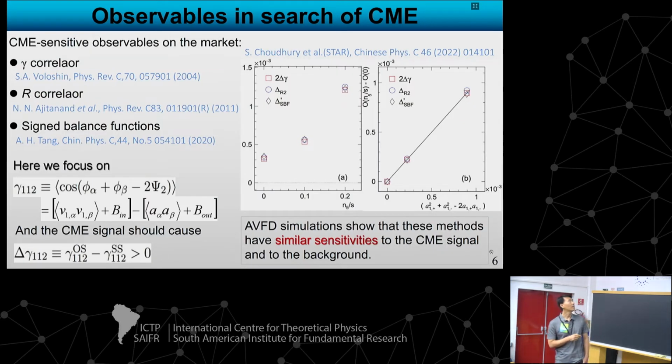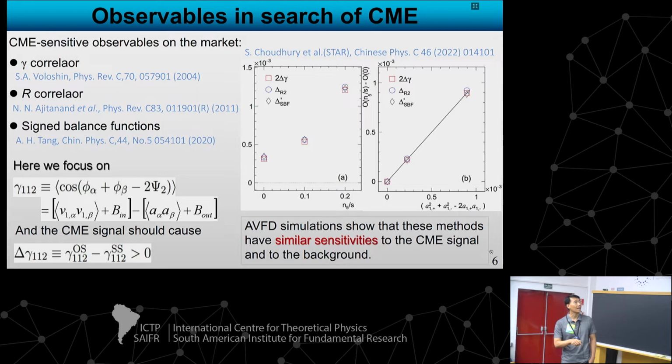On the market, there are several CME-hunting observables, like the gamma correlator, the R correlator, and the signed balance function. Recently, we published a method paper to discuss this with a model called AVFD. With this model, we figured out that all three methods, if you put them on the same footing, are sensitive to the signal in the same way.